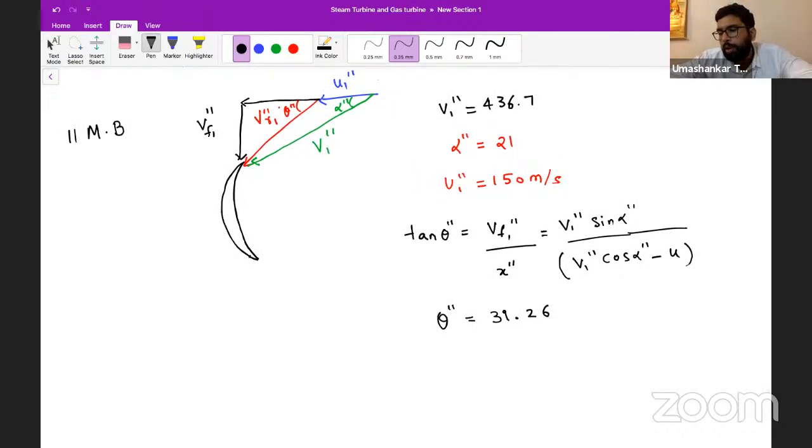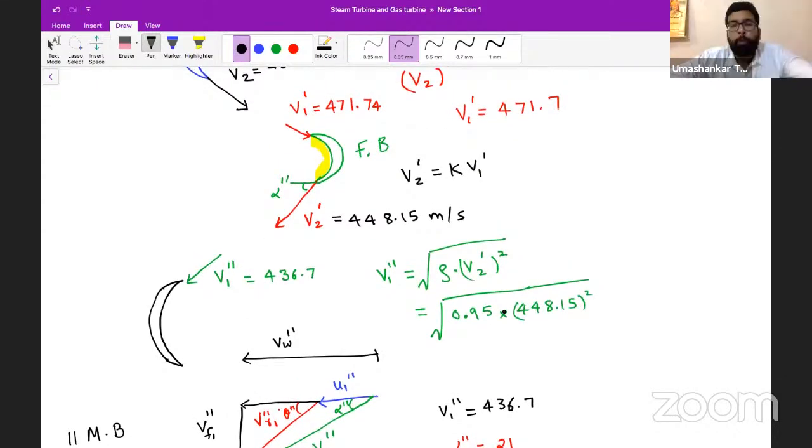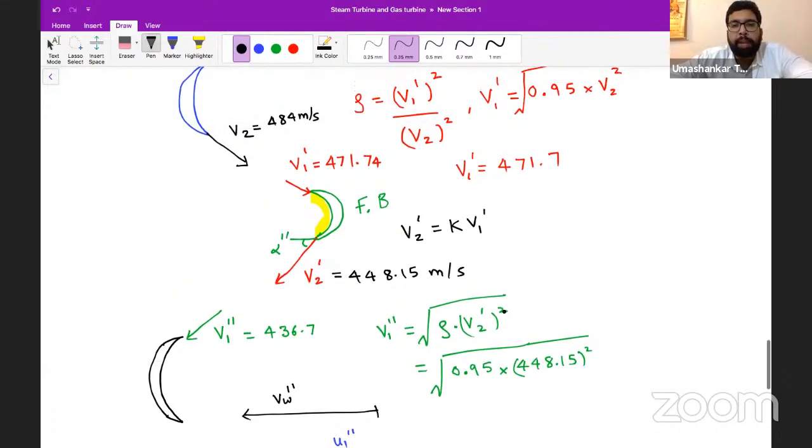Okay, so yes, you are asking me, sir, please explain second stage angles one more time. So I will do it. See, from the first fixed blade, the steam exits with an angle of 21 degrees.